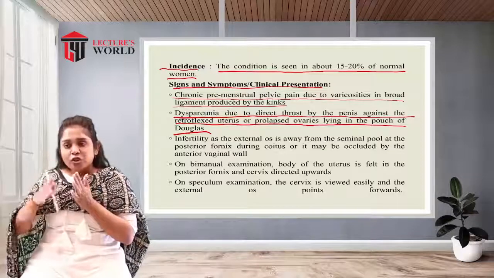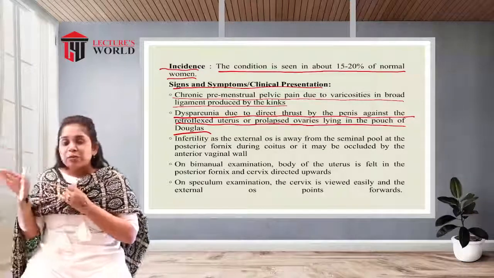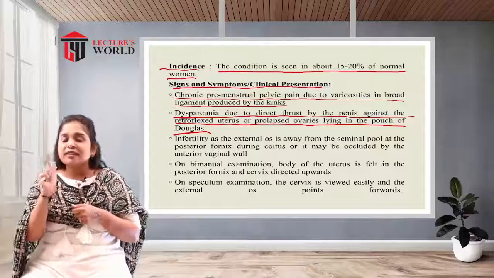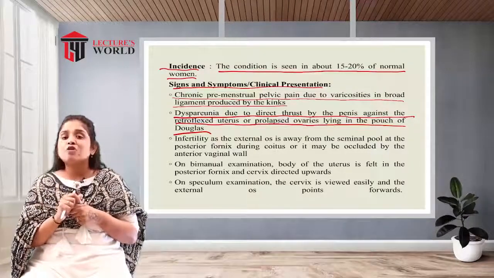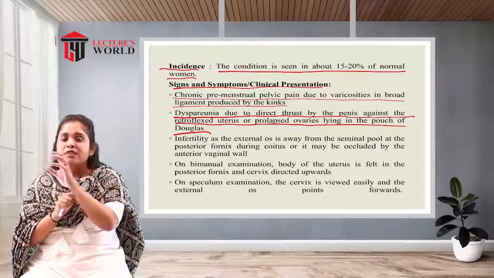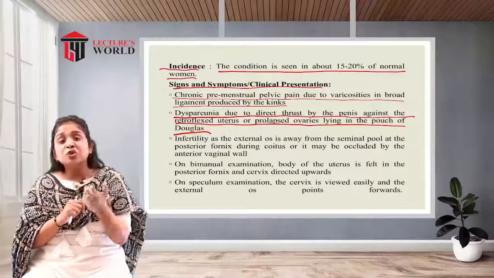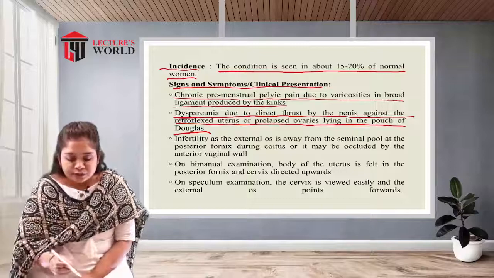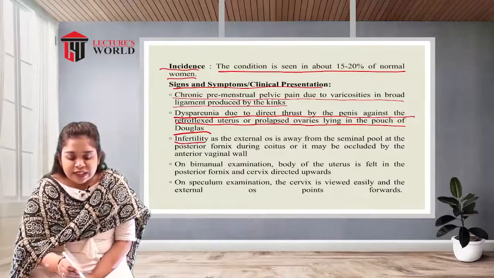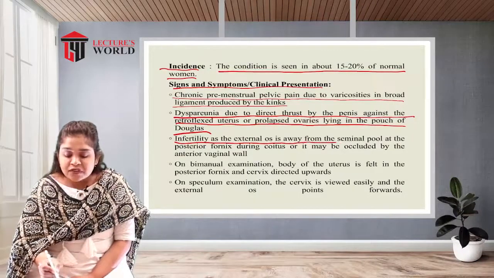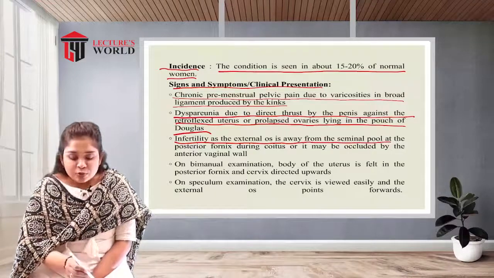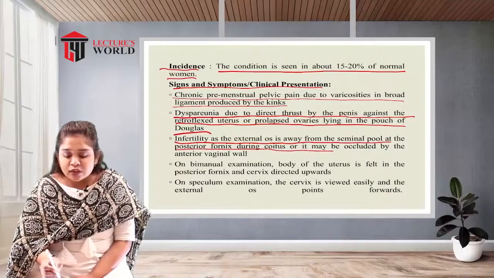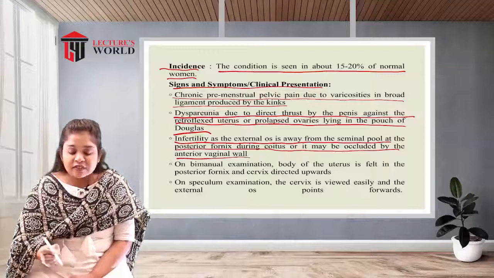The empty space between the uterus and the rectum is known as the pouch of Douglas. The ovaries will come there, so due to that also more pain will be there during sexual activity.